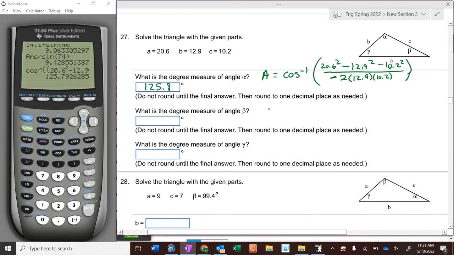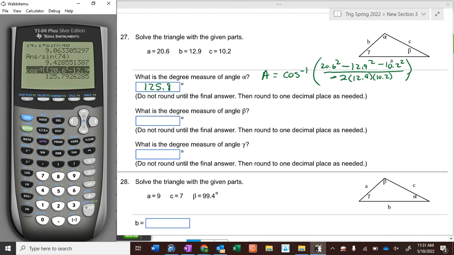And then I would do the exact same thing for B. You can just go up to here and switch the numbers for A and B around. So where there was a B, make that the A, 20.9. And where there's an A, make that a B. Oh, I put the wrong number in. 12.9 and 20.6.